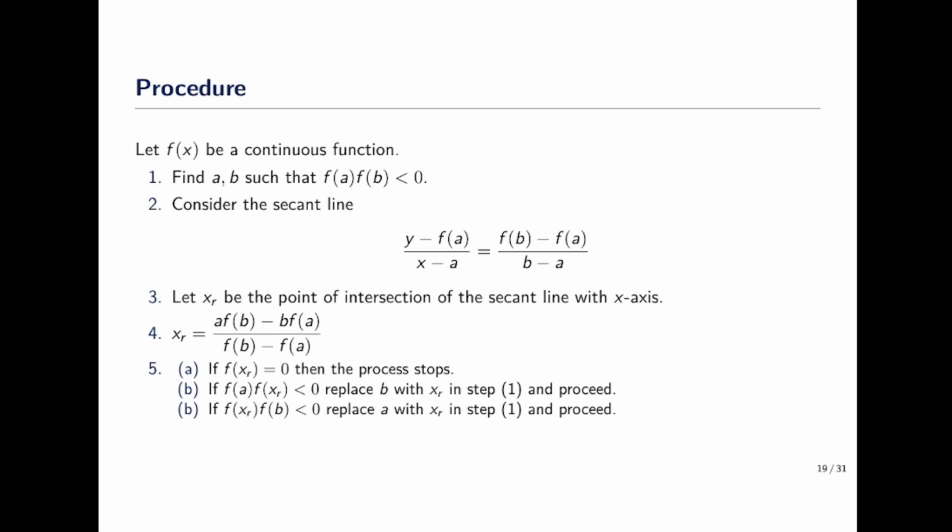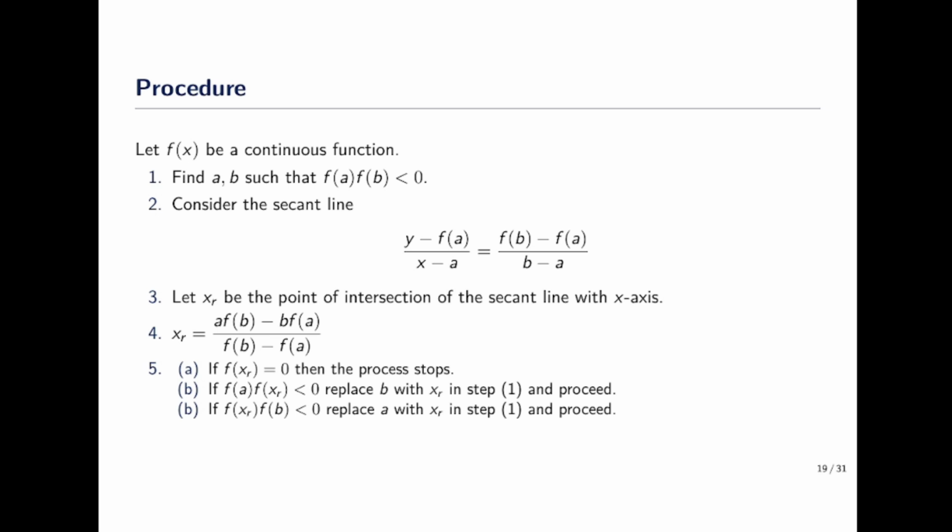Now here there are three cases. Case 1: if f of xr is equal to 0, that means xr is the root of the equation and we will stop the process here. Case 2: if f of a times f of xr is negative, that implies the root lies between a and xr, so we will replace b with xr in step 1 and proceed.